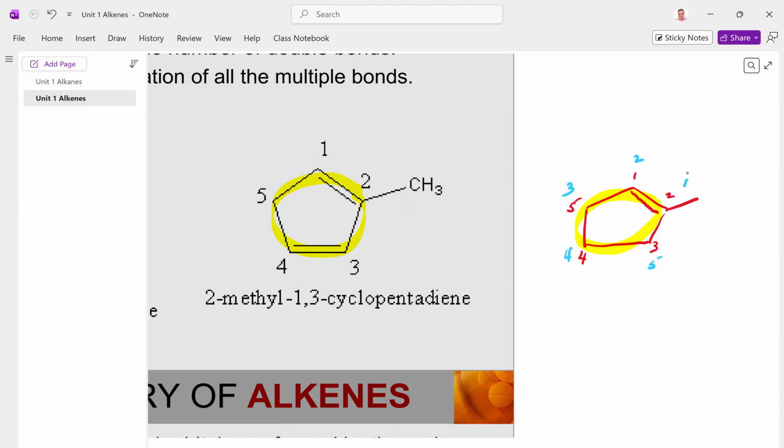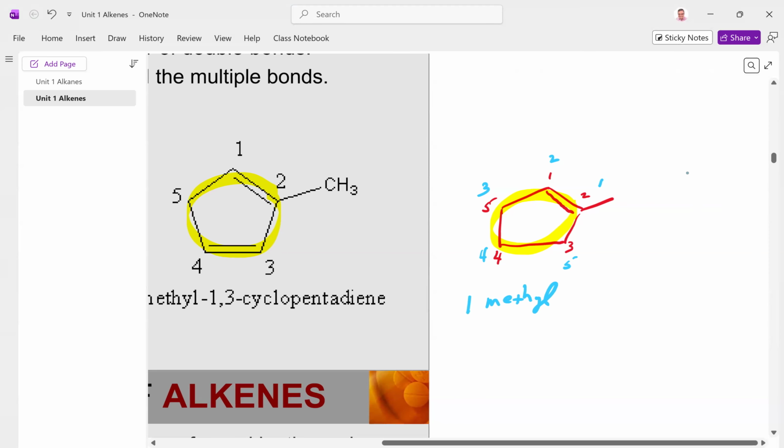So this is going to be 1 methyl, because it's on blue carbon number 1, and our double bond starts on carbon number 1. Okay, so that's one of them, using the blue numbers.